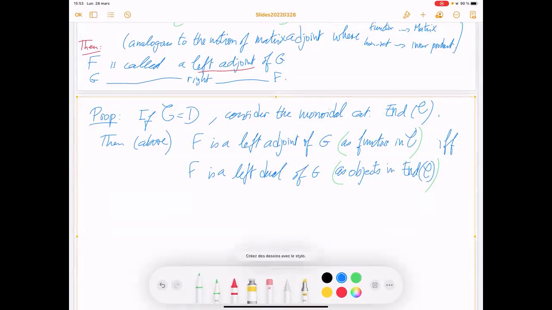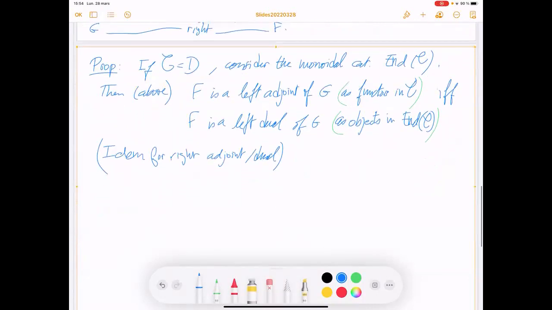And we can define the same for the right dual and right adjoint. Right adjoint, right dual.